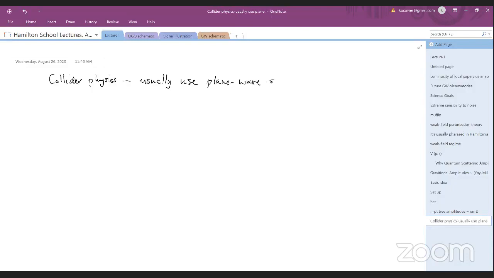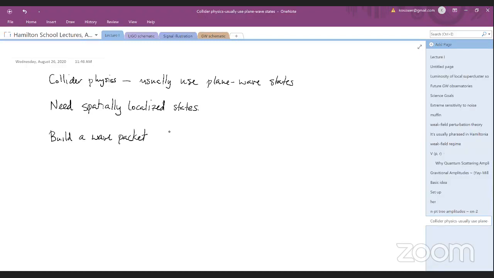That is inappropriate for us because we need to have spatially localized states. So we have to build them out of a superposition. So we're going to build a wave packet out of plane wave states.